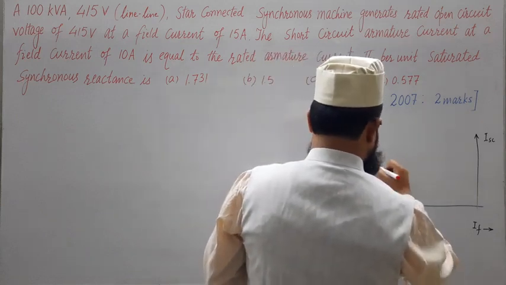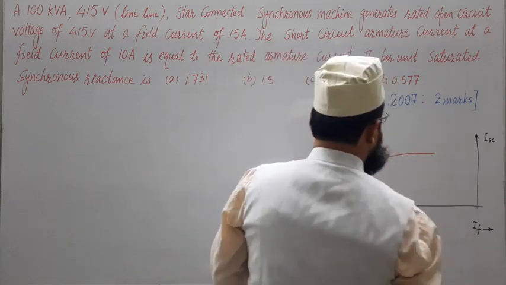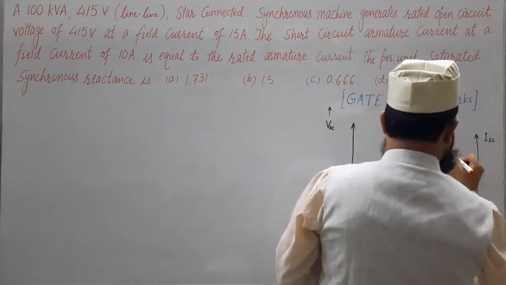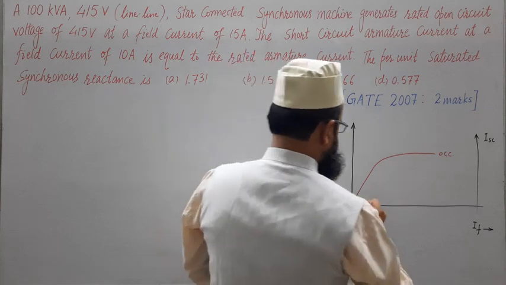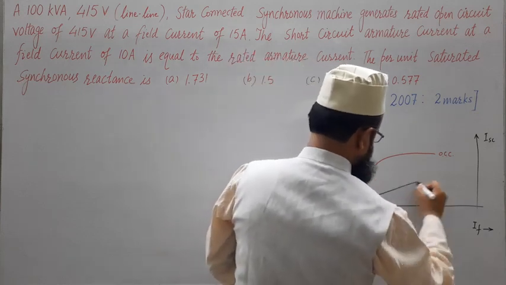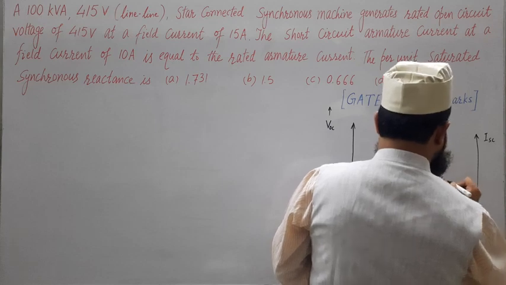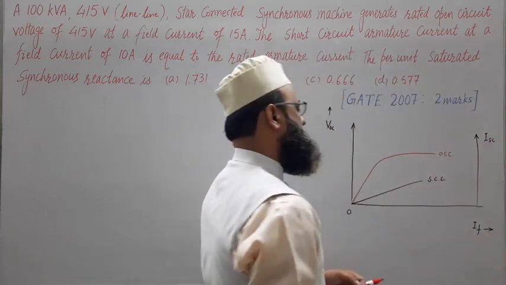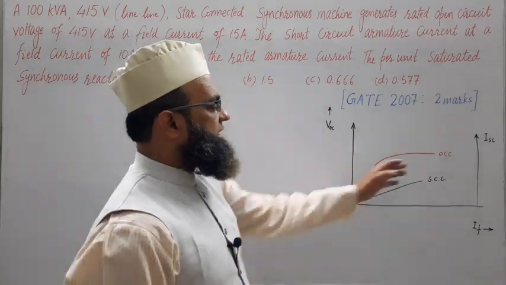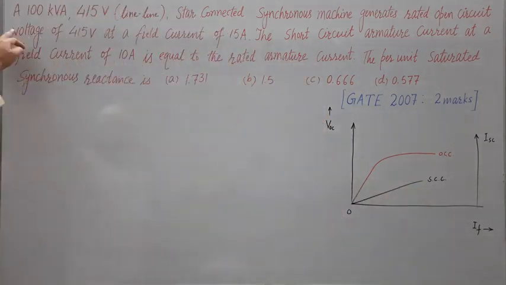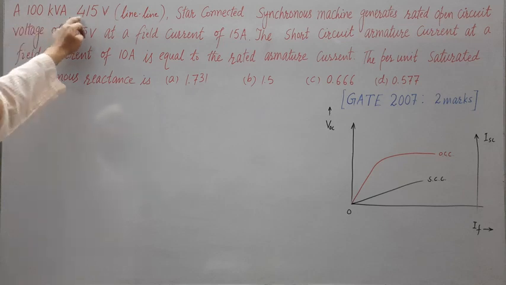So suppose this is the OCC, you may mark OCC, and this is our SCC, the short circuit characteristic, between ISC and IF. The capacity of the synchronous machine is given as 100 kVA, and the line to line voltage.